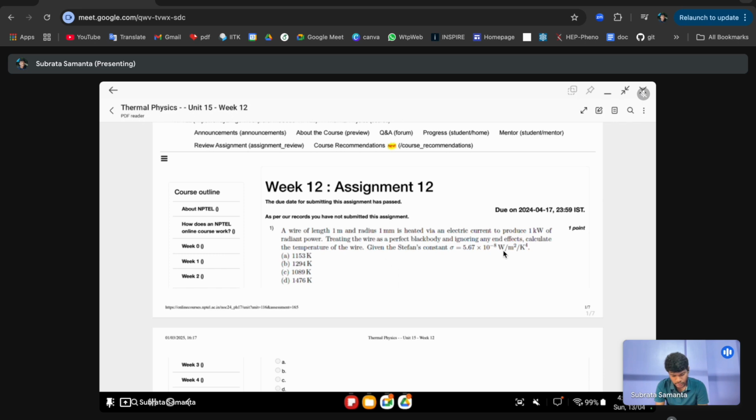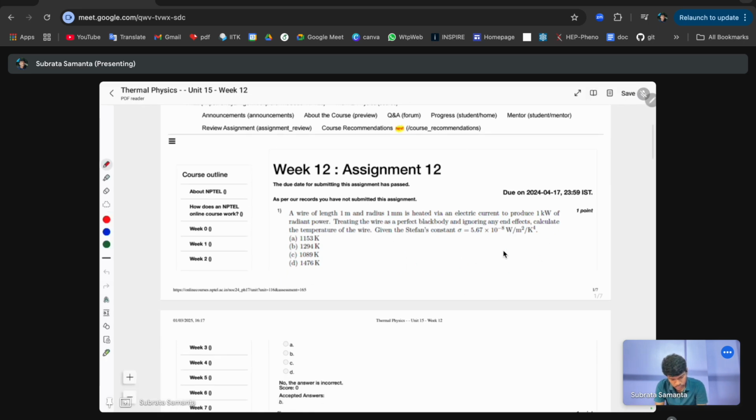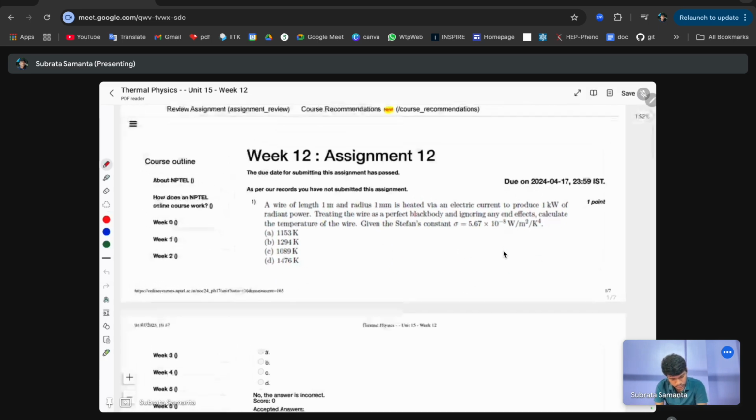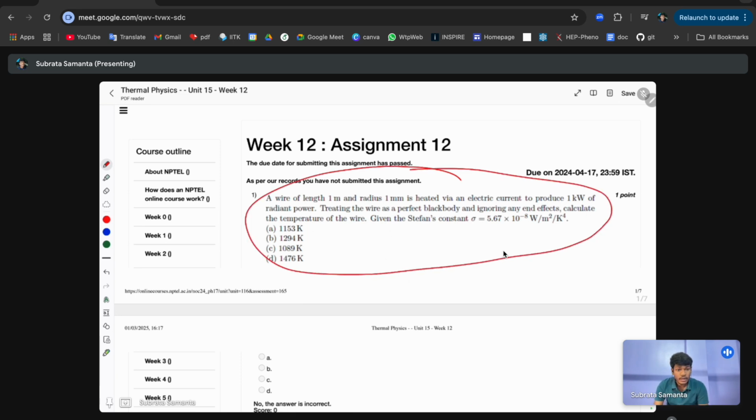In the first problem, a wire of length 1 meter and radius 1 millimeter is heated via electric current to produce 1 kilowatt of radiant power.